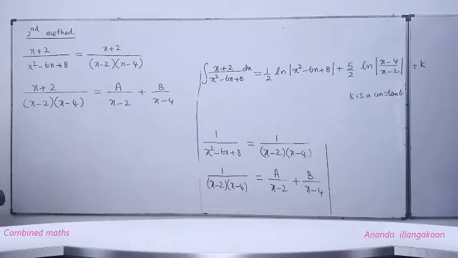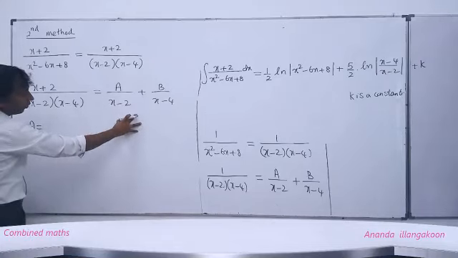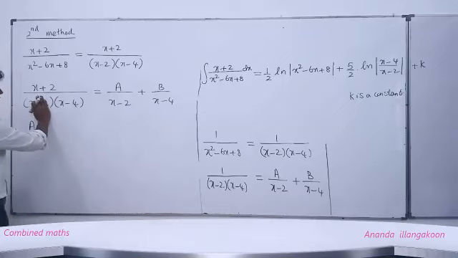Right, find these A, B values. What is the value of A? Come to the denominator, equate it to 0, x is 2. Close that here, put 2 here: 2 plus 2 is 4, 2 minus 4 is minus 2, 4 divided by minus 2 is minus 2.